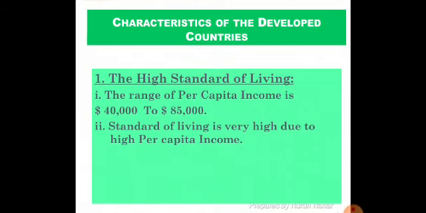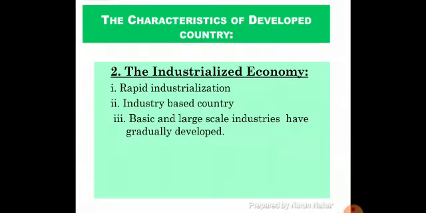That's why the standard of living of those countries is very high. That is, the people of developed countries can afford all the five basic needs much better, and they can also afford more than that.